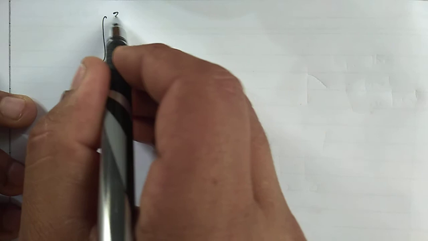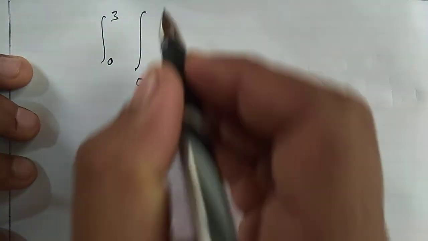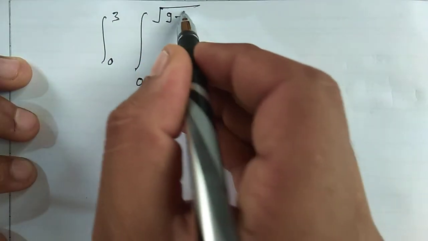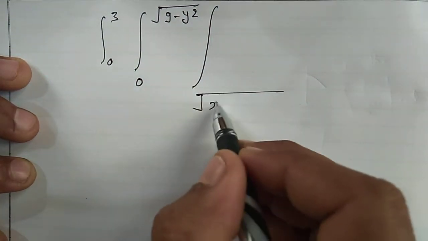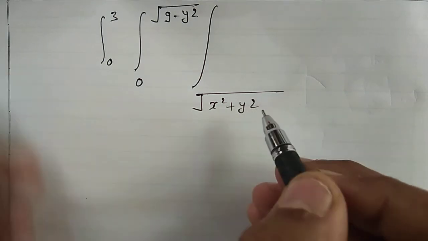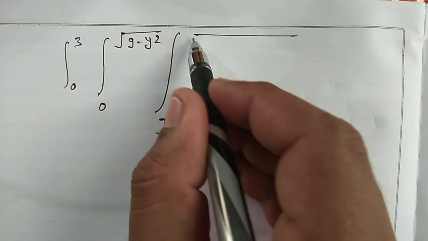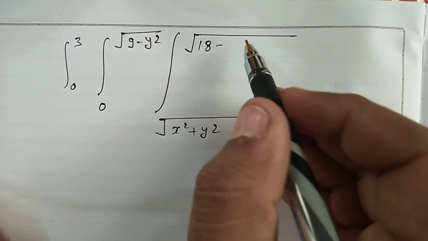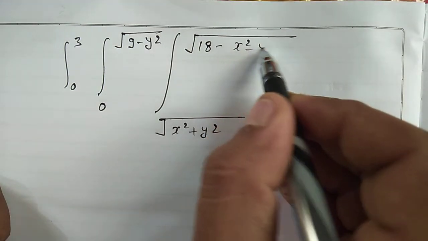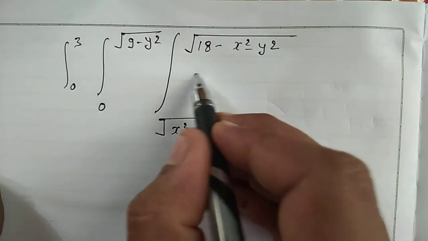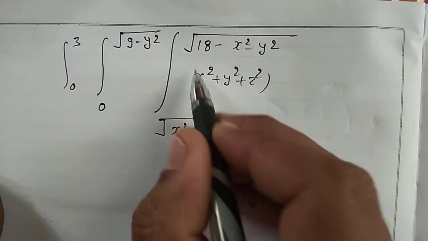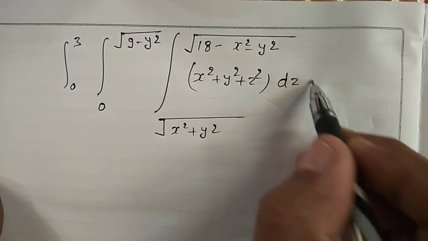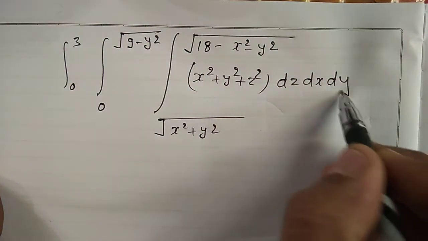Let us take one problem: integral from 0 to 3, 0 to under root 9 minus y square, and under root x square plus y square to under root 18 minus x square minus y square, of x square plus y square plus z square, dz dx dy.